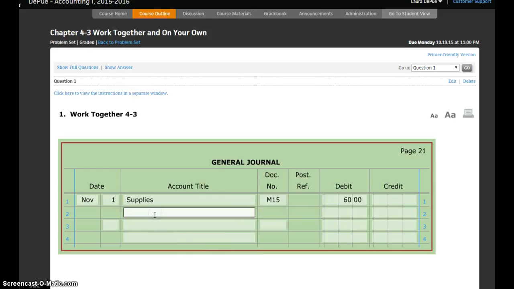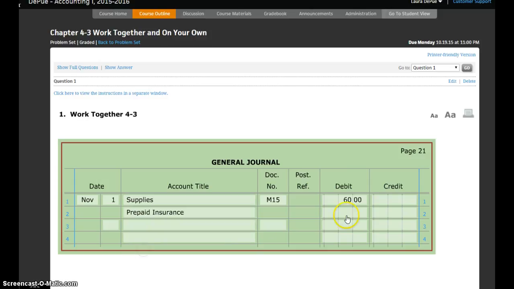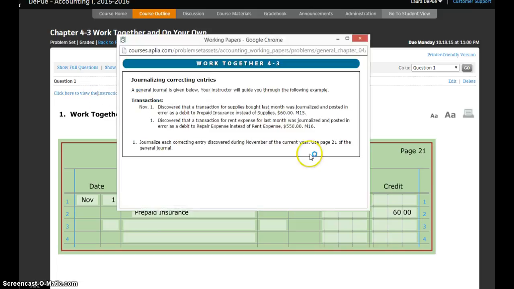And then we have to credit the account that was the incorrect account, so it was the prepaid insurance account. So we have to credit that, so it will subtract the $60 away from the original debit, so that we corrected it. We credit that for $60. So this is what the transaction will look like for this first set of instructions here.